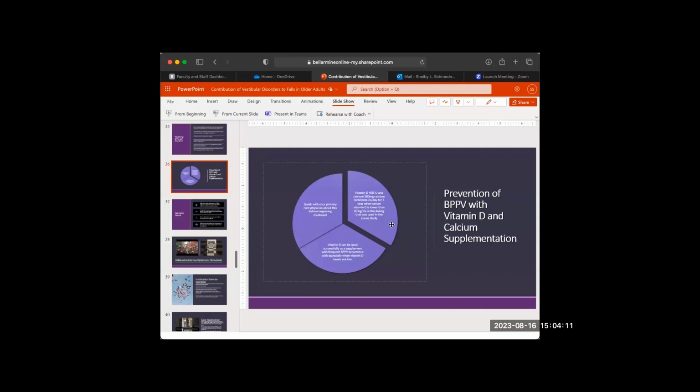This is the dosage: 400 IU vitamin D and 500 milligrams calcium carbonate 2 times a day for 1 year. That's what the study used, and that's what was effective. So vitamin D can be used successfully as a supplement with frequent BPPV occurrence, but especially when vitamin D levels are low.